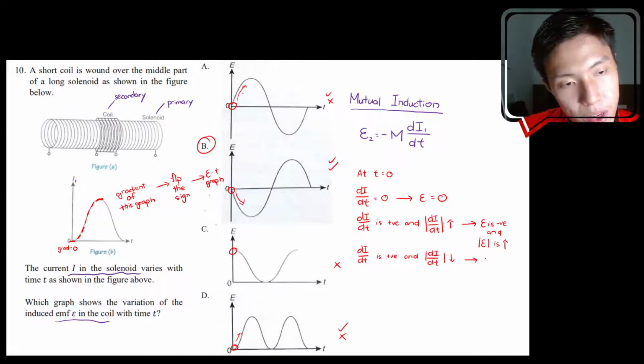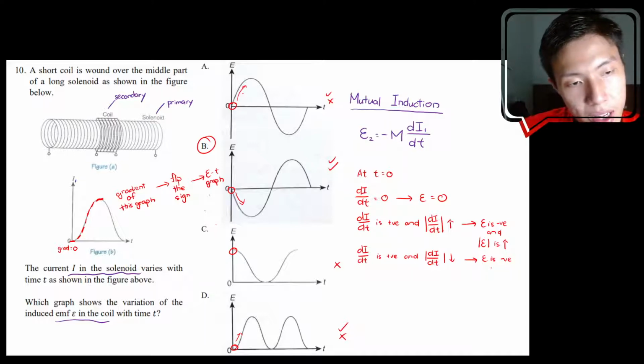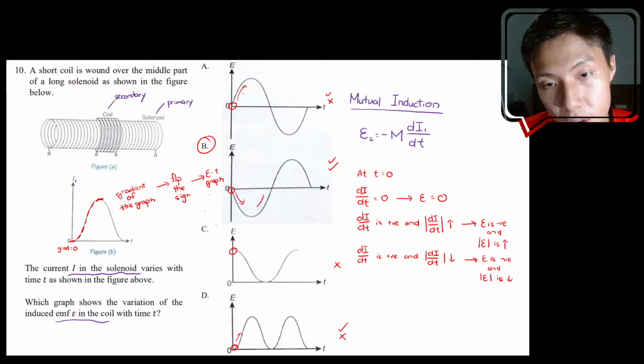Okay, so from here we flip the sign from di dt, then epsilon becomes negative. But because di dt is decreasing, the absolute value of the EMF will be decreasing. So this is what we see over here.